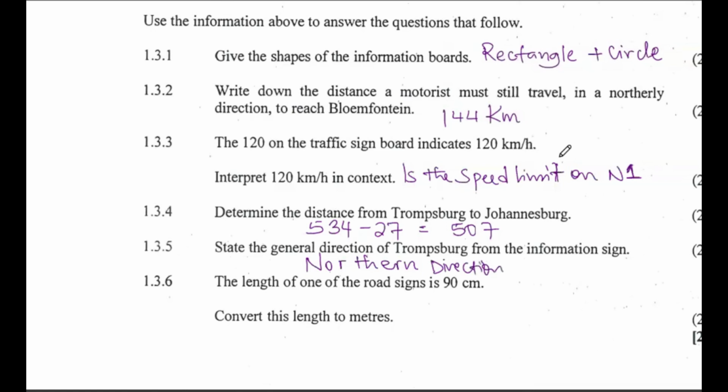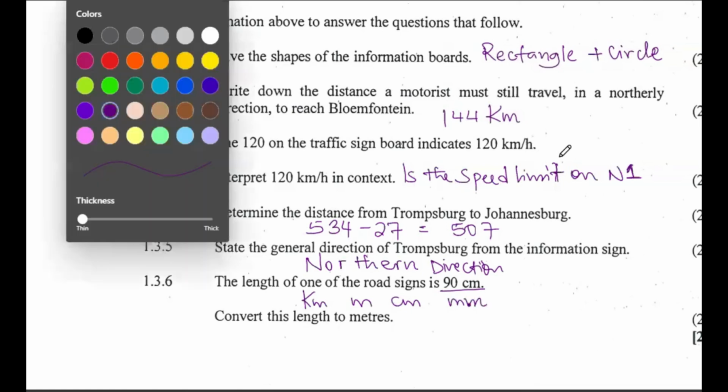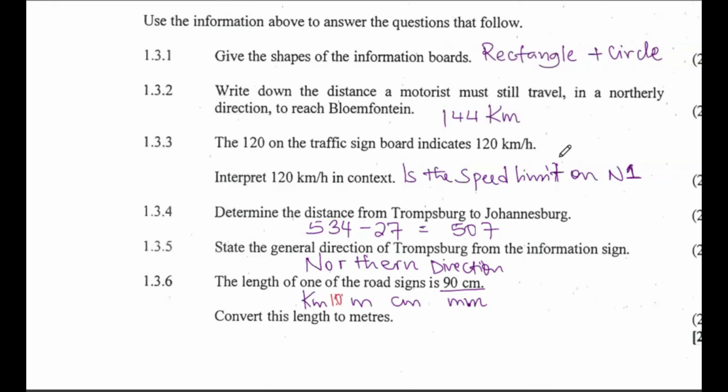The length of one side of the signboard is 90 centimeters, and they want you to convert to meters. Remember, we have kilometers, meters, centimeters, and millimeters. In between here we have 1,000, here we have 100, and we have 10.